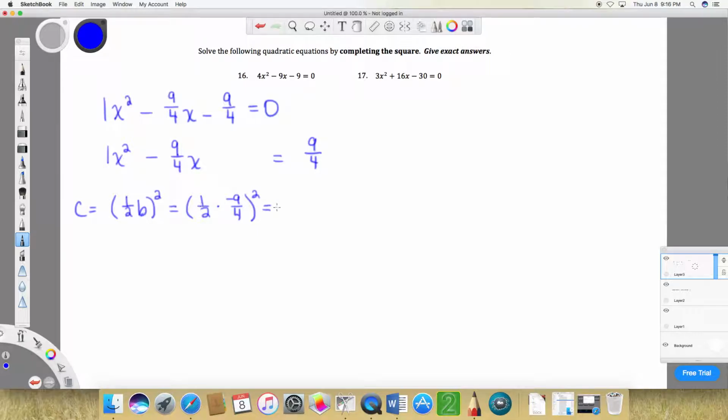Okay, so we multiply the two numerators together and get -9. We multiply the denominators together and get 8. And if we square this, it becomes positive and we get 81/64. And that's what we add to both sides of this equation.